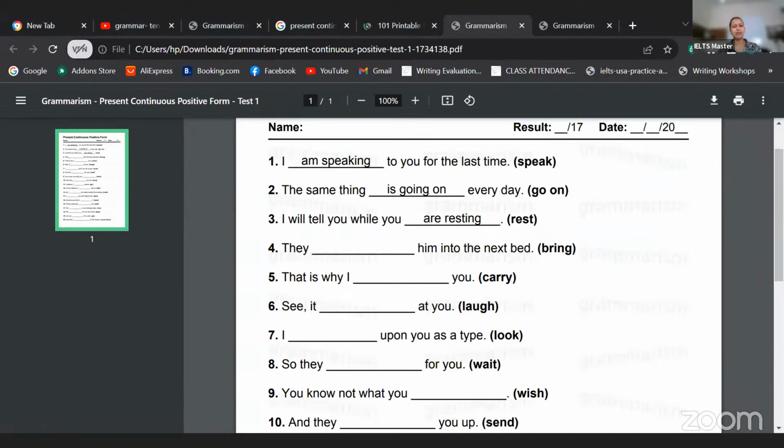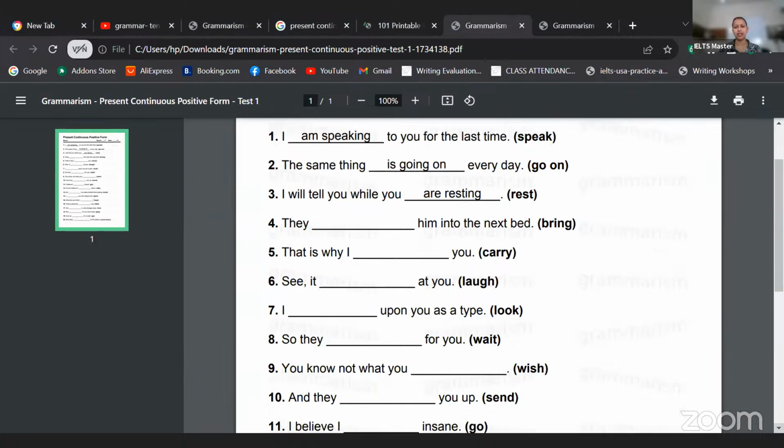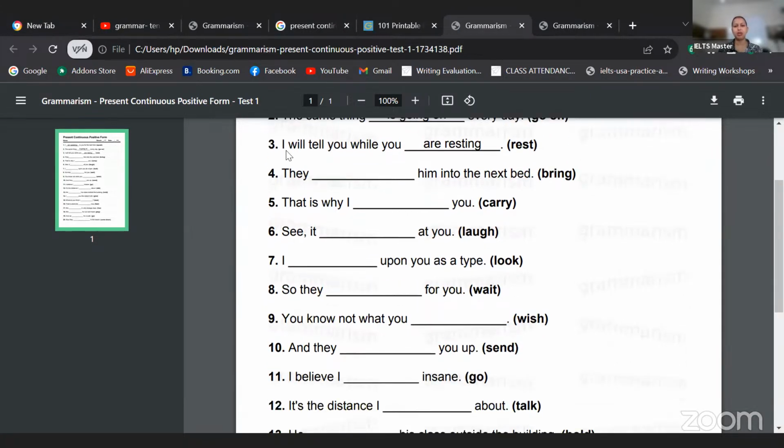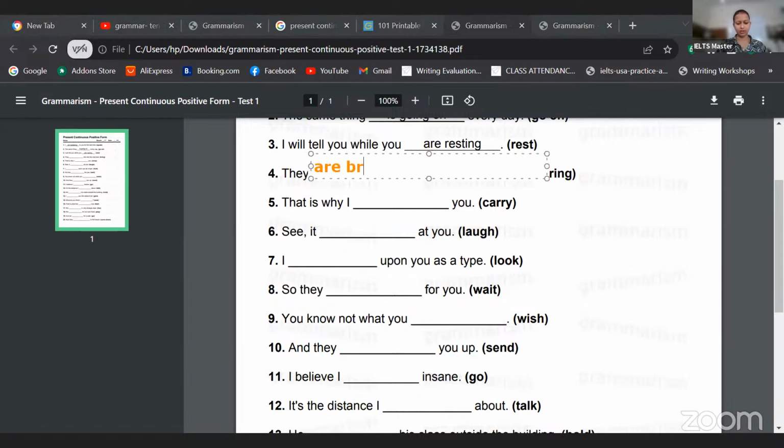I am speaking, the same thing is going on. I will tell you while you are resting. They are bringing. We use a gerund form.